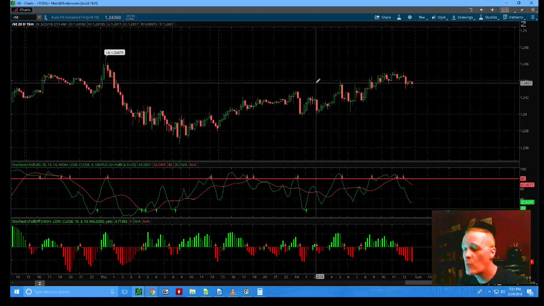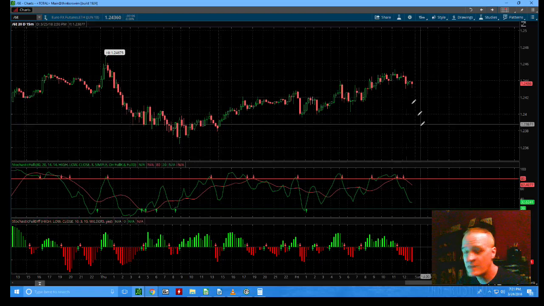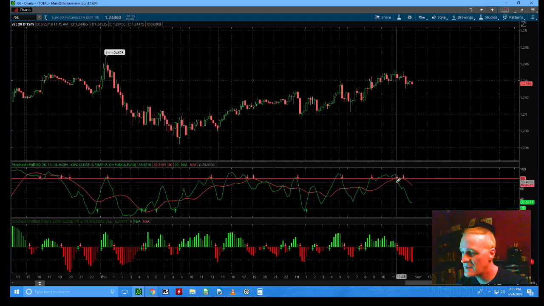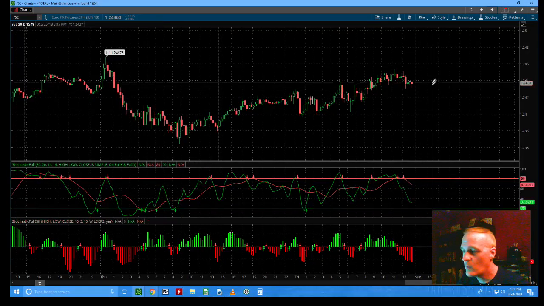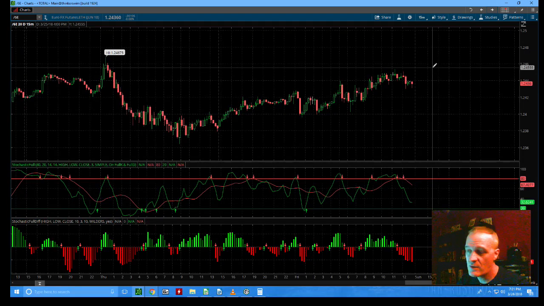I have done that. Be prepared to get whipsawed, because it's not at all uncommon to see this fast signal cross below and then whip right back up again. Now, one of the things I do to help prevent me getting whipsawed is I might look at that same indicator on a different time frame. So if I'm on a 15-minute chart here, I might have right next to it a 5-minute chart.